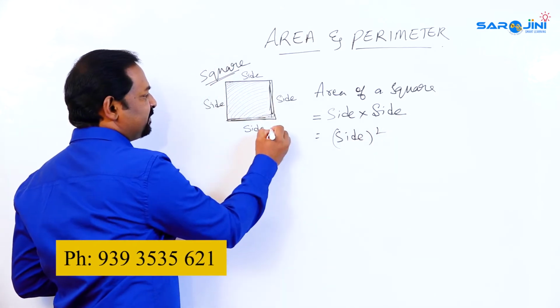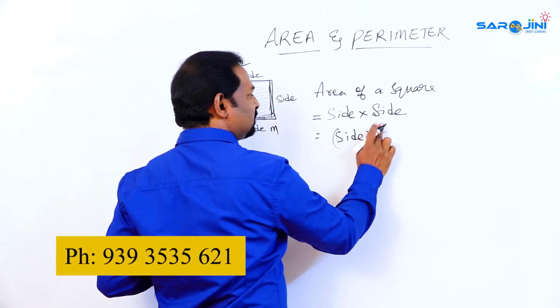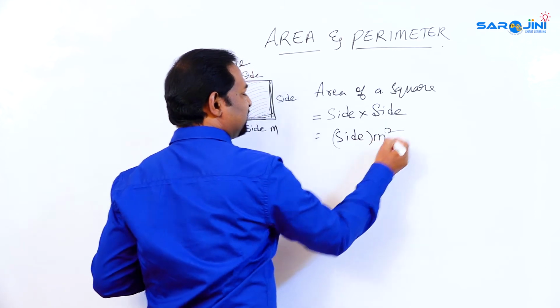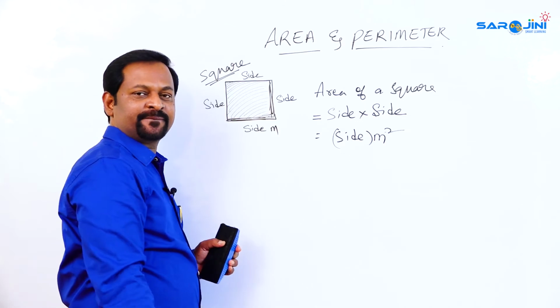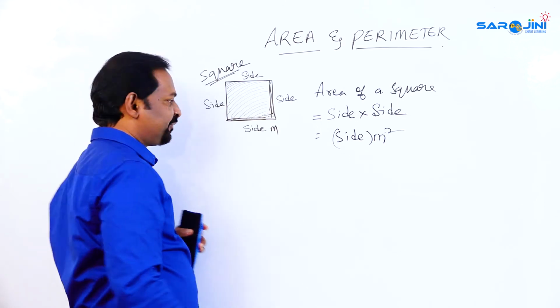If it is in meters, we call it meter square. If it is in centimeters, we call it centimeter square. So this is the inside area.